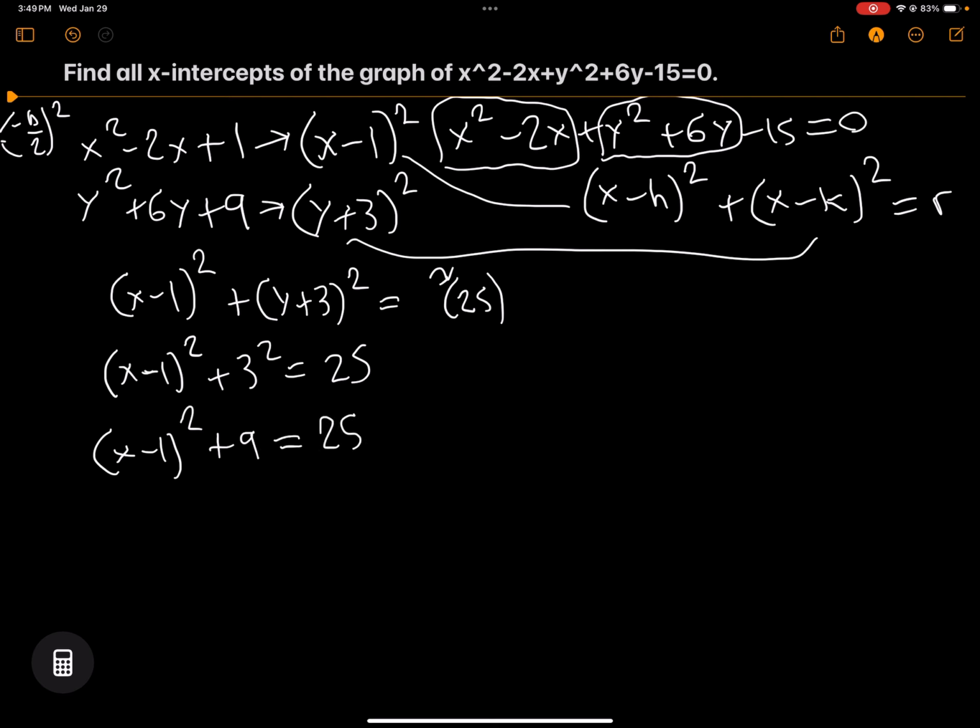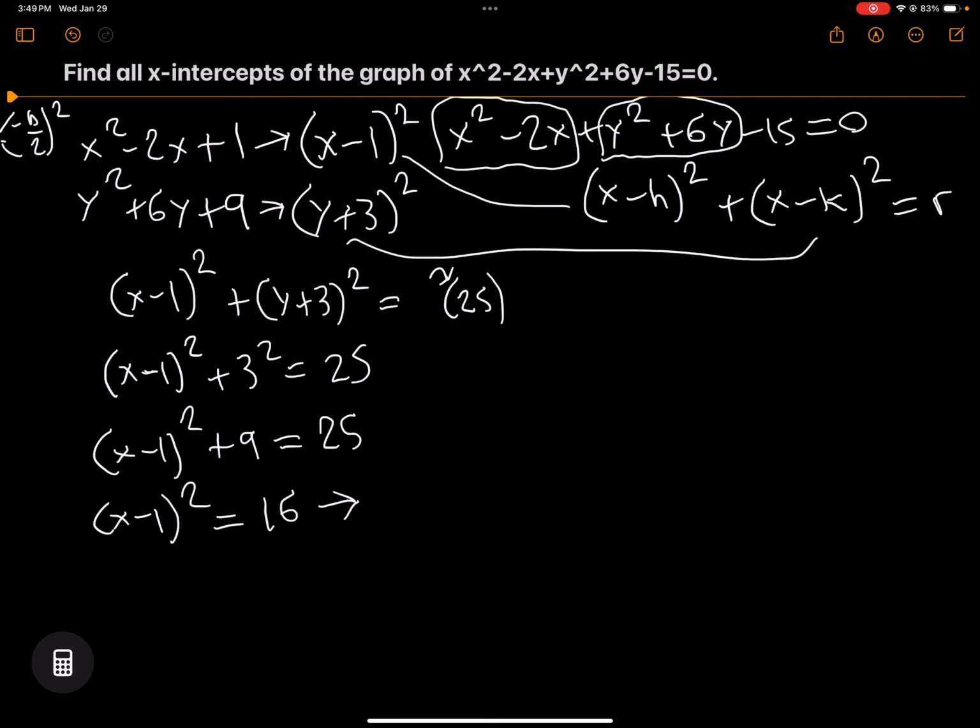From here, all we have to do is isolate the x minus 1 squared, so x minus 1 squared equals 16. From here, it's pretty easy to find x, because we know that the value inside this parentheses must be 4, because 4 squared is 16, or negative 4. There are two possible values here.